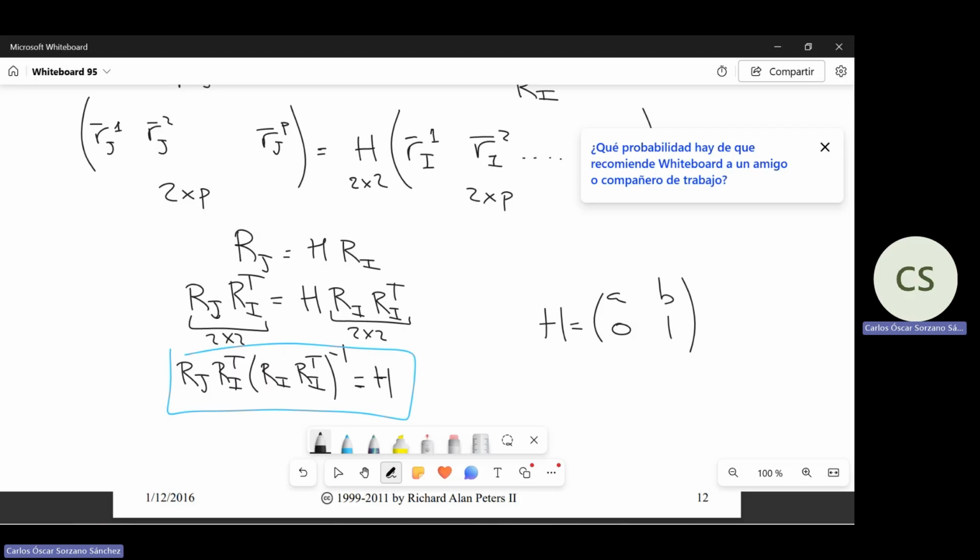So when you multiply by H minus 1 times xj, yj, this will be A xj plus B yj, and yj stays the same.